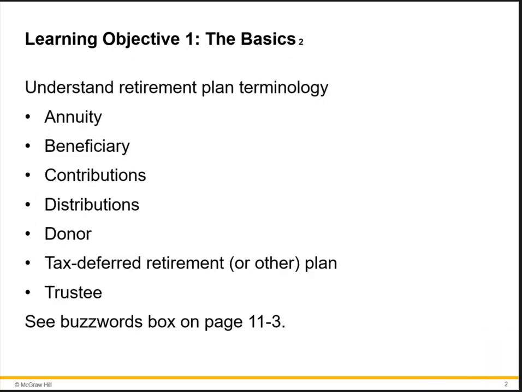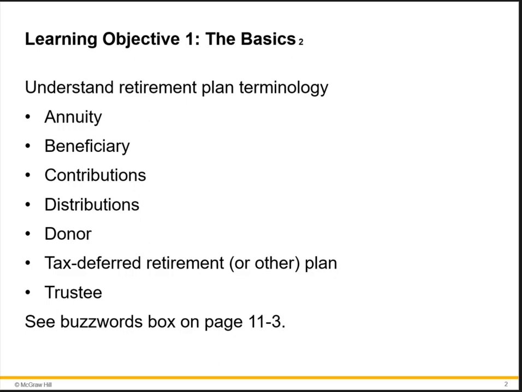So here is some terminology to make sure you can review this in the text. An annuity is a regular payment on a regular schedule, the same time in between each payment over time. Beneficiary is the person who's going to receive the benefits of the plan. So the person who is participating and saving in the retirement plan is the beneficiary, but we also have beneficiaries in case that individual passes away before they receive all of the money out of the plan.